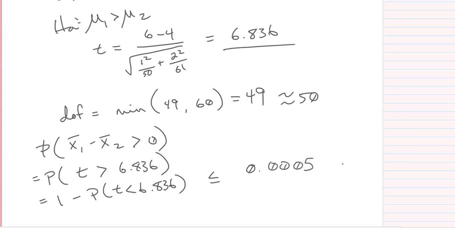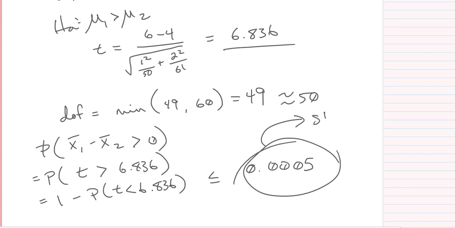0.0005, which tells us that Mac users are satisfied or have a better experience on average. At least we have strong evidence at level alpha equals 0.005.